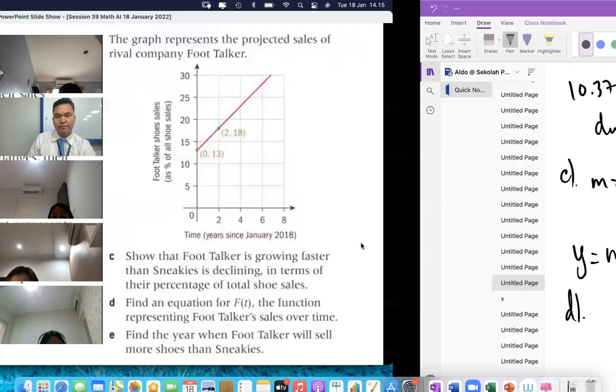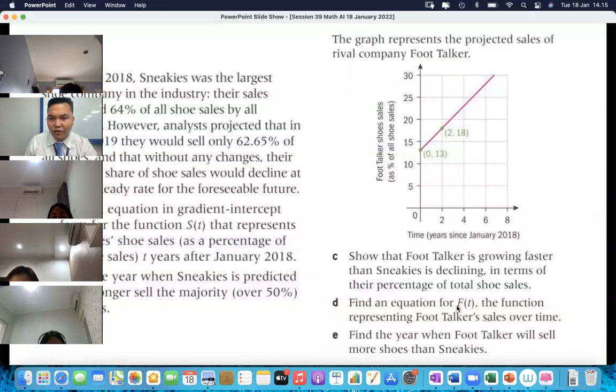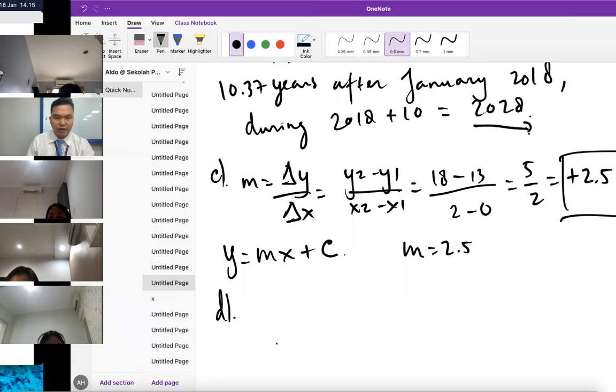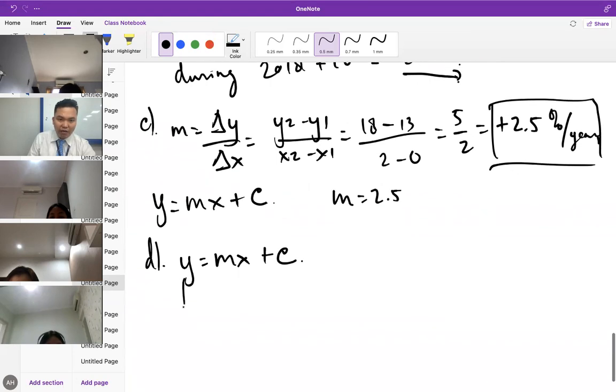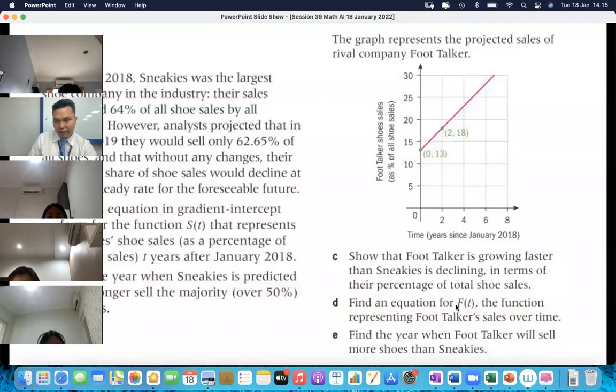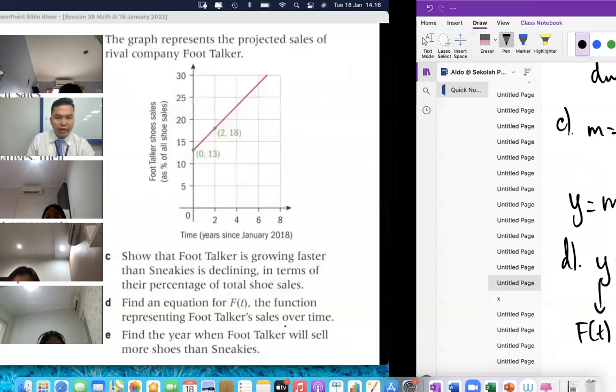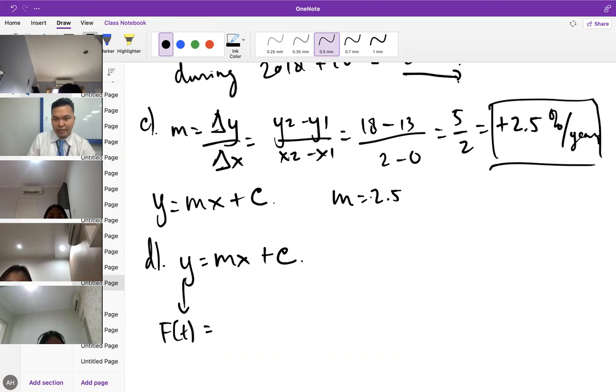Now we move to D. Find an equation for ft, the function representing Foodtalker sales over time. Now I will talk about the equation of line. Here y is in terms of ft, the function. ft is equal to mx. m is the gradient, 2.5.